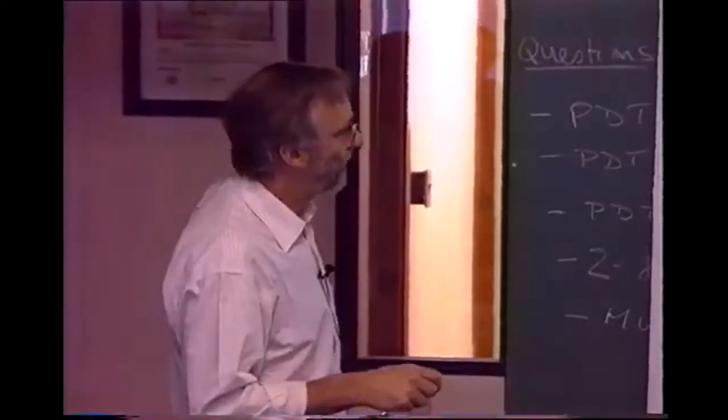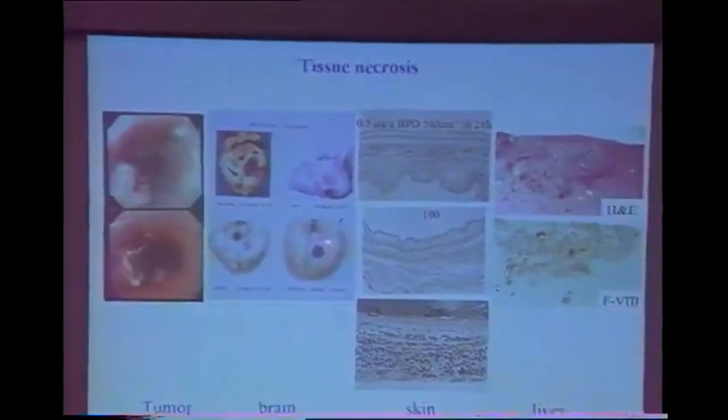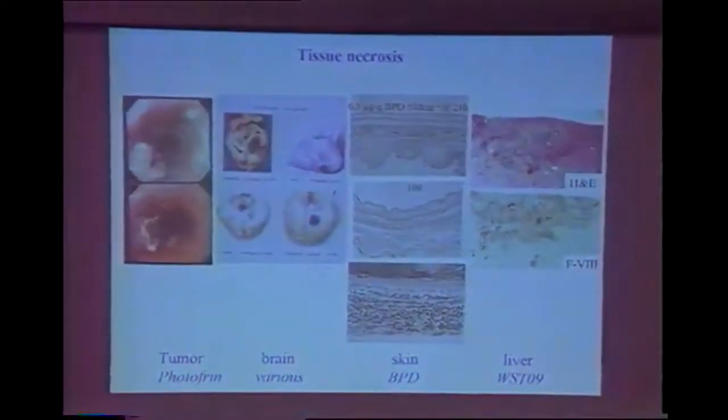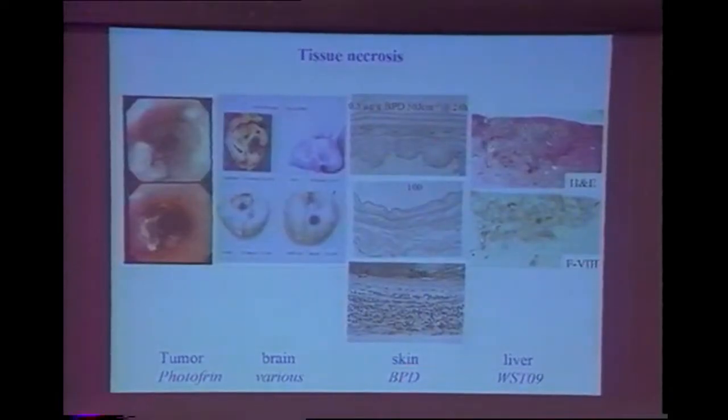Here is brain tissue, normal brain tissue treated with various photosensitizers, and again you can cause these regions of necrosis. Here's skin treated with BPD, benzoporphyrin derivative, and again you see the different light doses. This is 50 joules per square centimeter, 100, 200.